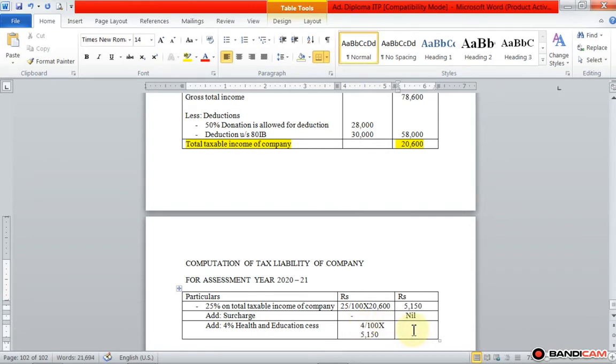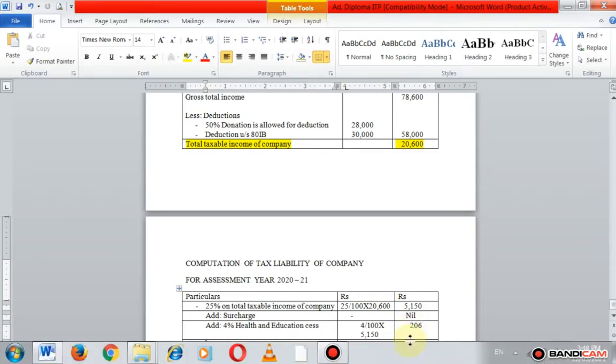Okay, so here we get the education cess amounted to rupees 206. Add this 206 in 5,150.